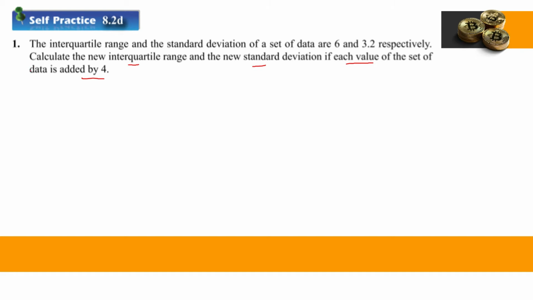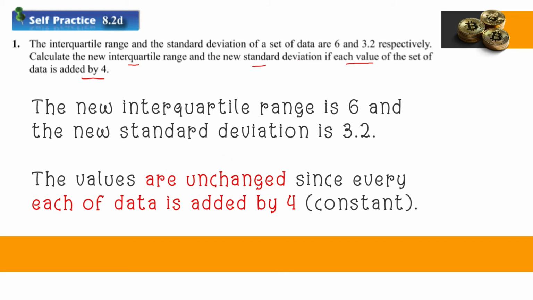Why? Because every value of the set is being added by 4, so basically there is no change, right? So how do we answer this question? The new interquartile range is 6 and the new standard deviation is 3.2. Why?